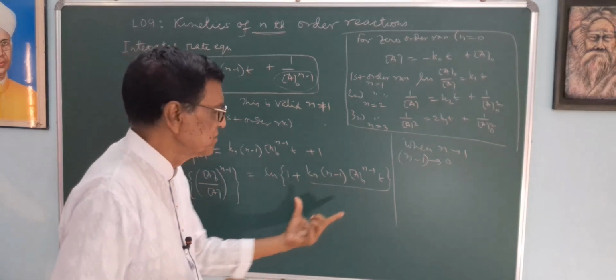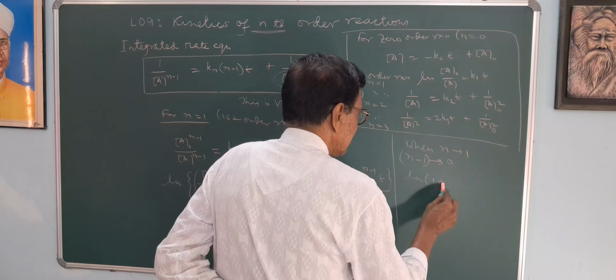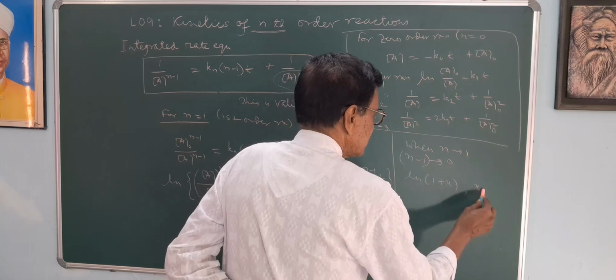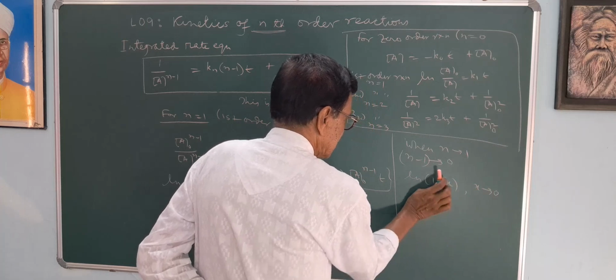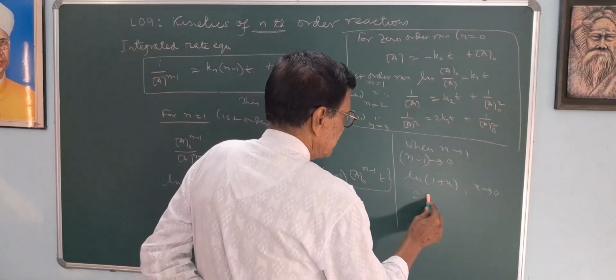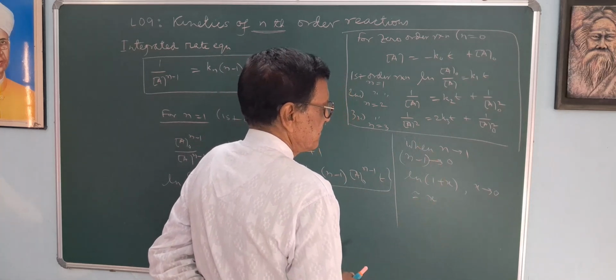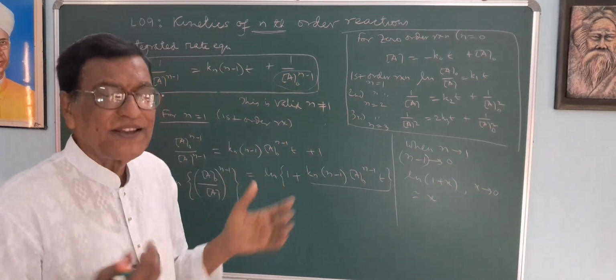When this term tends to 0, it will be ln(1 + x), where x tends to 0. And this could be modified by expanding, it will simply be x, when x tends to 0. Logarithmic rule.